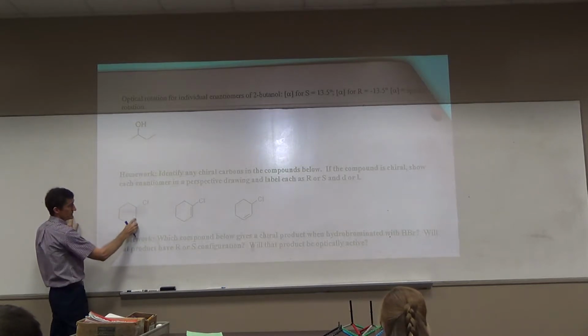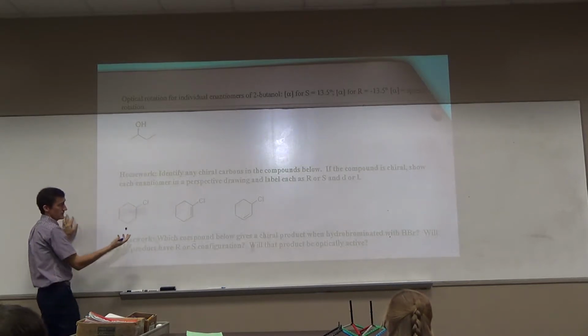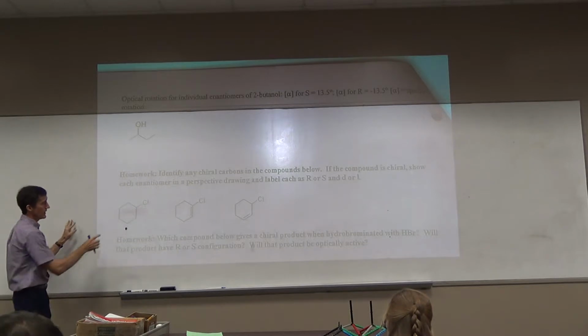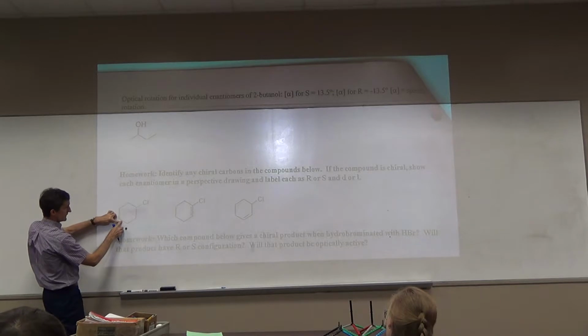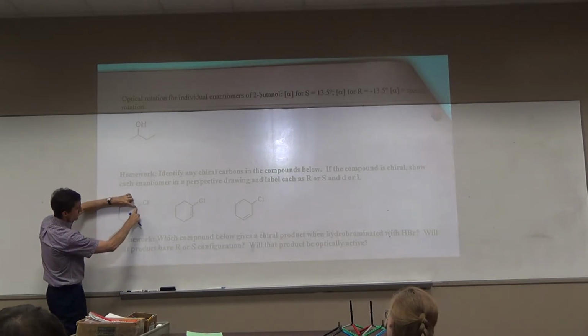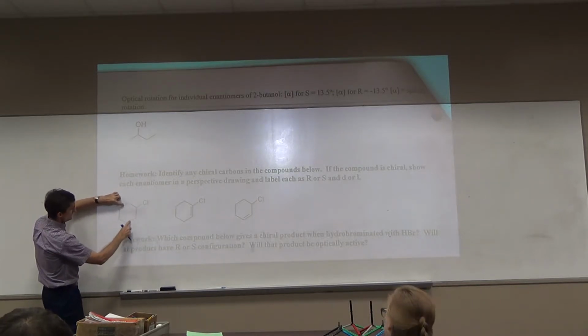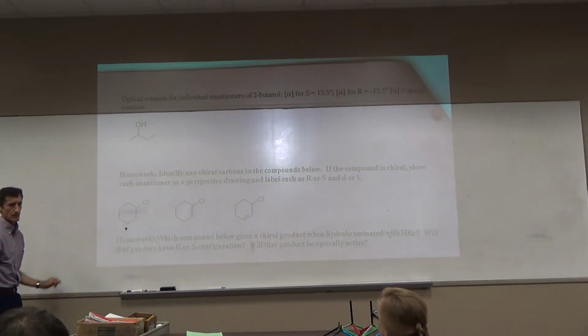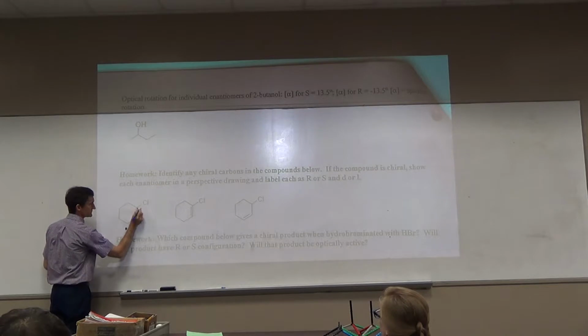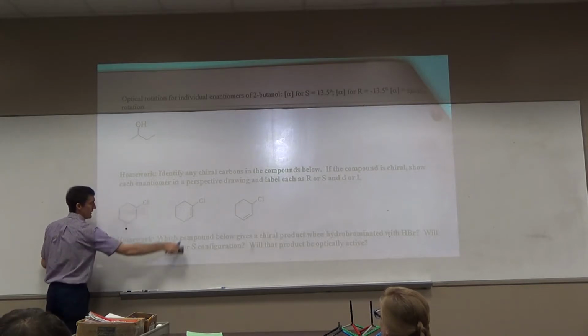These only have 2 H's, so 2 H's are the same, so that's not 4 different things. There's only 1 H here, chlorine. Are these 2 groups different? No, because if you start here and come this way, CH2, CH2, same. This is the same. Right? Not chiral.